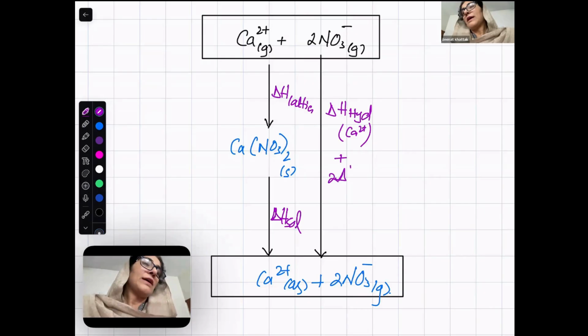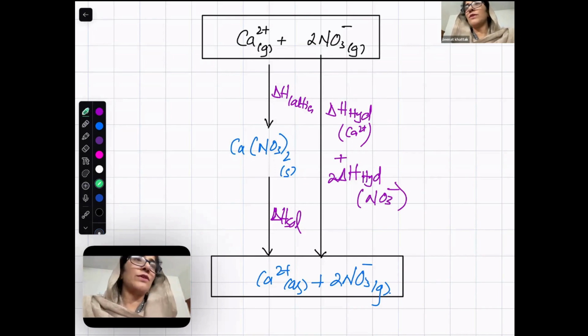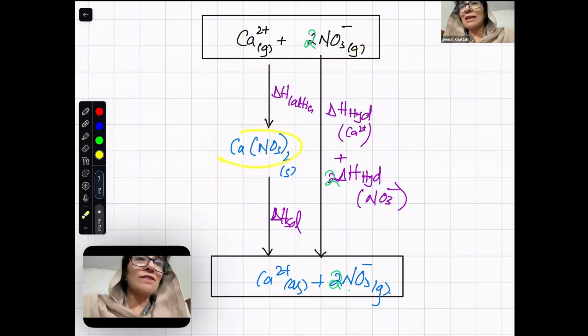But hydration of nitrates, how much? Twice. Why? Because there are two nitrates. But the lattice is just one. It is kilojoule per mole of the lattice, and kilojoule per mole of the lattice dissolved in excess water.